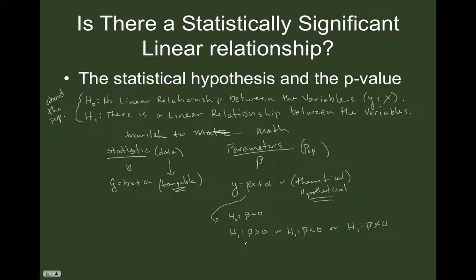We'll use the alternate H1, beta greater than 0, when we believe that the relationship is linear and positive.